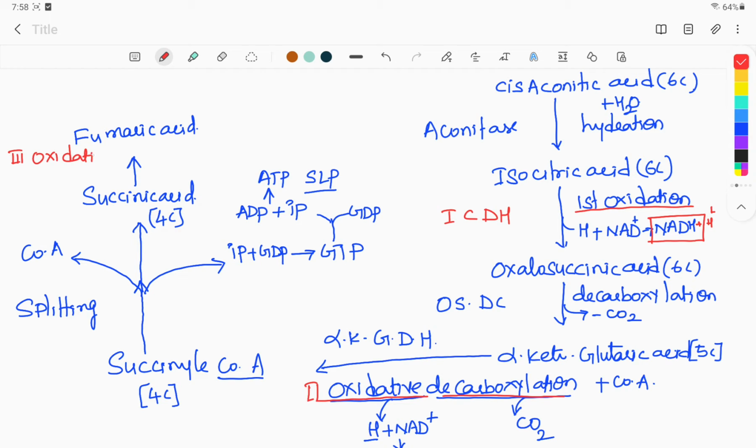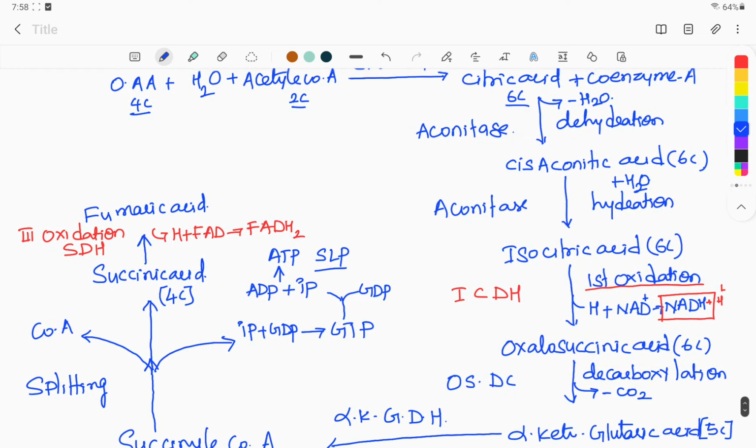Here, oxidation means, as you know, loss of hydrogen, accepted by FAD to convert into FADH2. It's not FADH, it is FADH2 that is formed. The enzyme is succinic dehydrogenase. Now this fumaric acid, which is a 4-carbon organic acid, will convert into malic acid.